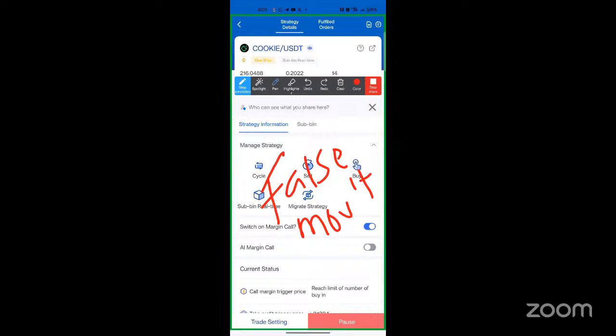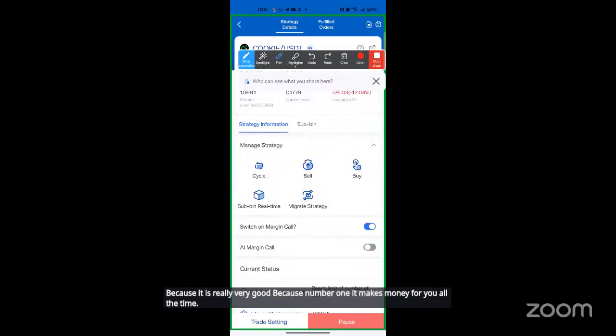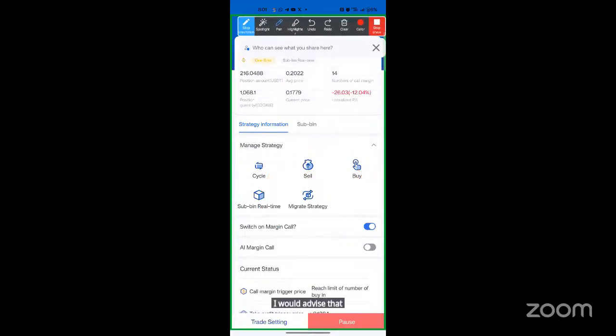So if someone would like to apply this strategy of using indicators to trade, because it is really very good, because number one, it makes money for you all the time, I would advise that the MACD would be the best.